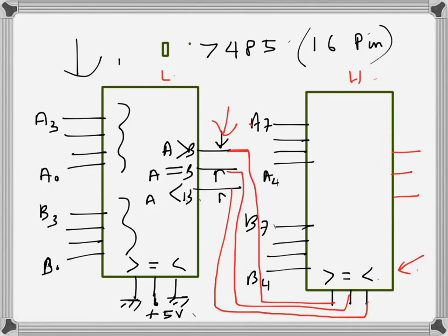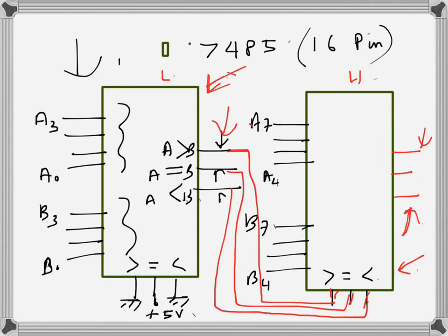Now we have cascaded them, and what will happen is, this IC will check the lower 4 bits, and whatever the result is will be carried over to this one, and then we will get the final result here in these 3 output pins.